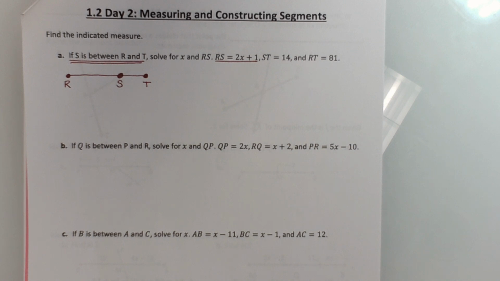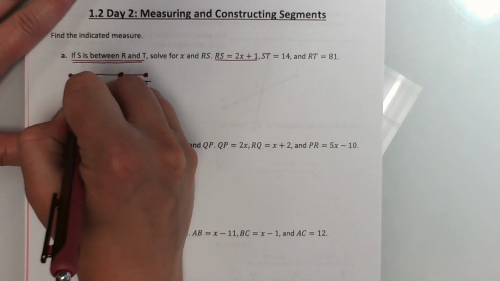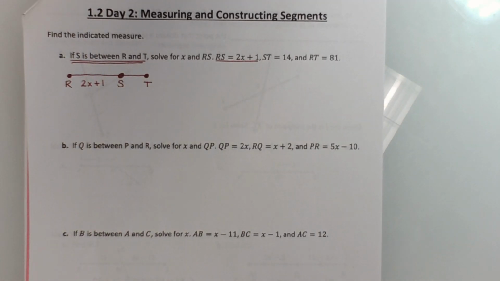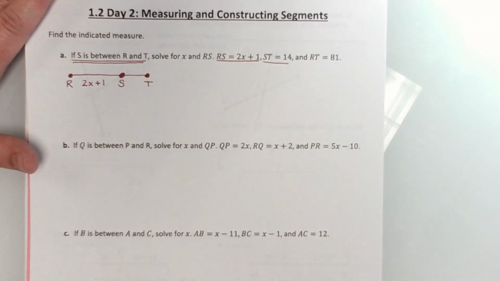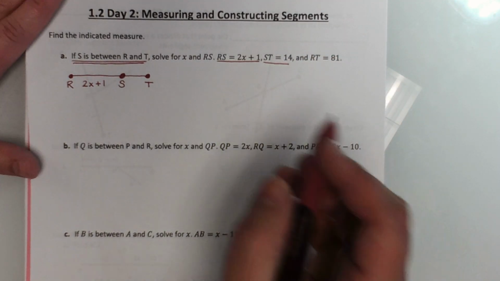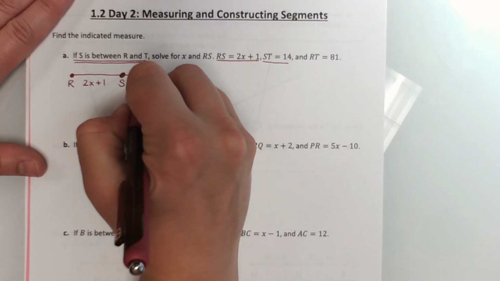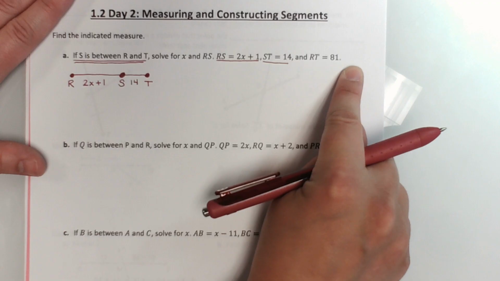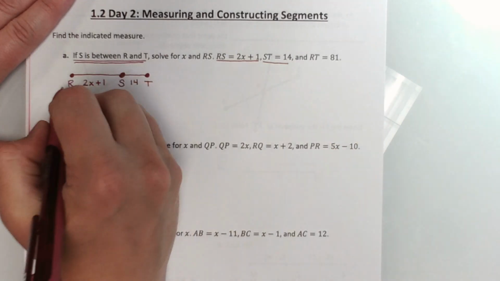It's between R and S. So I'm going to write it between my letter R and S. ST. Partial or full segment? Partial. It's between S and T. RT, therefore, is the full thing across.